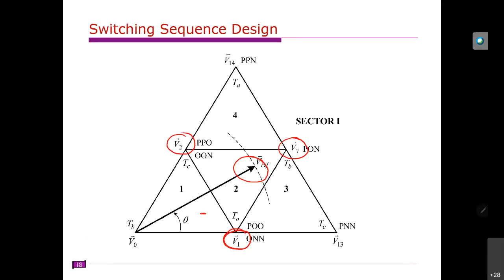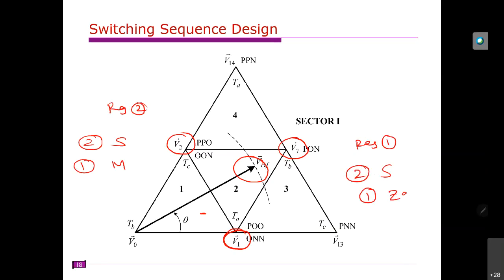So in region 2 there are two small vectors and one medium vector. If it is in region 1, in that case also we have two small vectors and one zero vector.